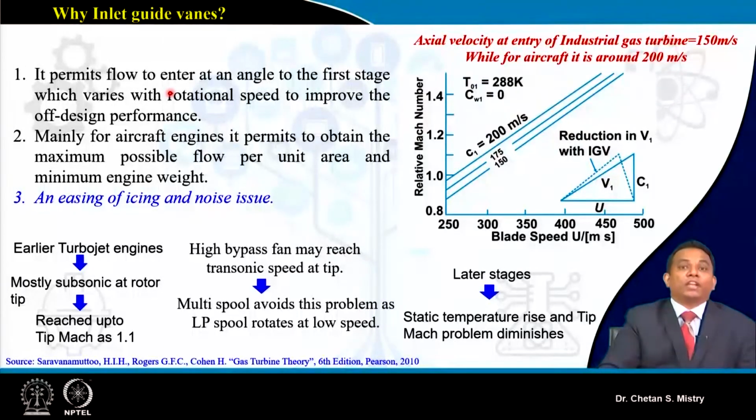So under all these conditions, it may be possible that the rotational speed of your compressor varies. Under that condition, you are looking for your thrust to be enhanced, and that is controlled by using these inlet guide vanes. For this purpose, these inlet guide vanes are made as variable inlet guide vanes, which take care of changes in mass flow rate.